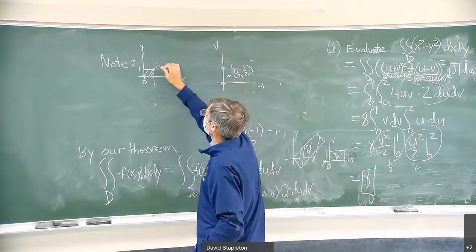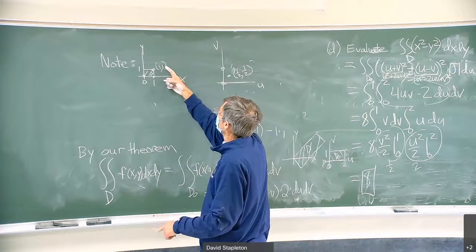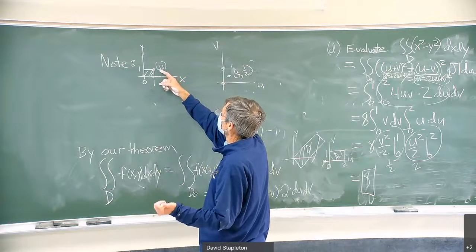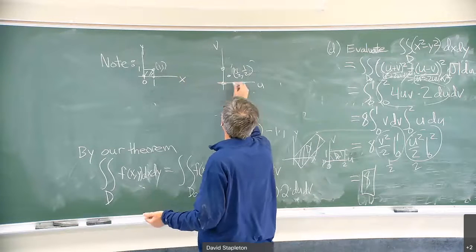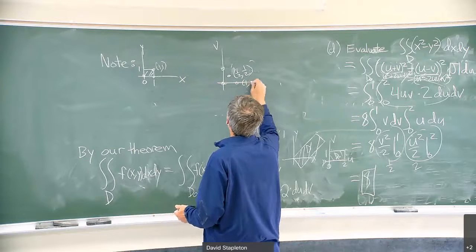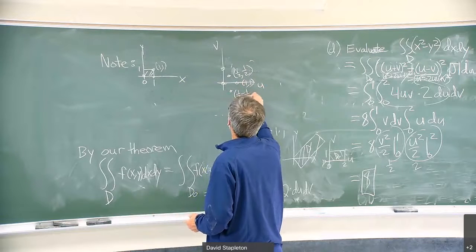This point 1 here, 1, 1 here, if you compute, u is 1/2 x plus 1/2 y, which is 1, and v is 1/2 x minus 1/2 y, which is 0. It goes to this point. And then the other one comes out here at 1/2 minus 1/2.